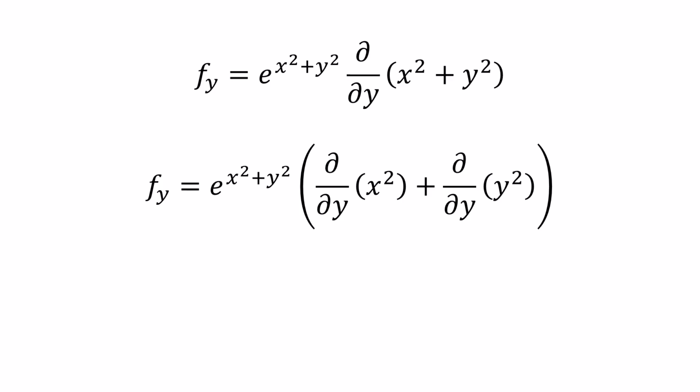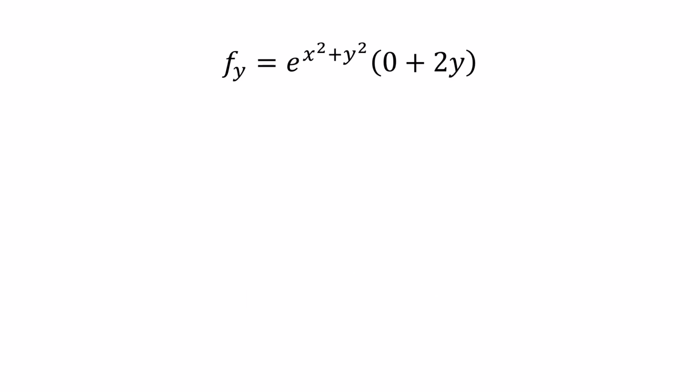Differentiating, we obtain f_y = e^(x²+y²) times 0 + 2y.